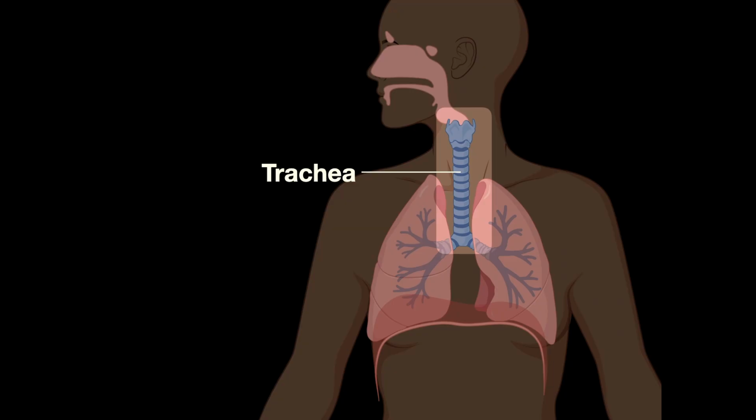So the trachea, your windpipe, as people often call it, is this tube that connects the larynx down to your bronchial tree, the airways that will go into your lungs. Part of the skeleton of this, and I use that word skeleton not so much for bones, but for the structure, we have these C-shaped cartilaginous rings.